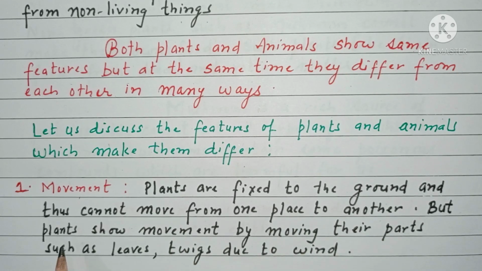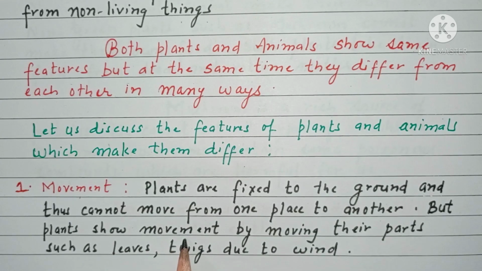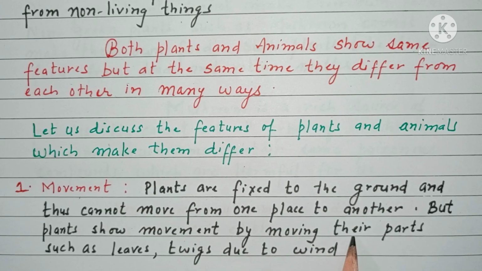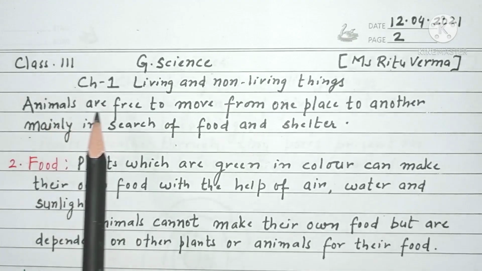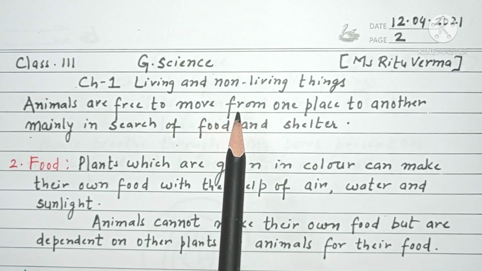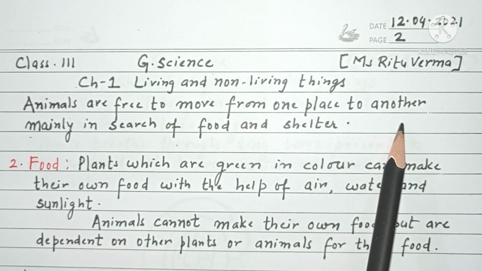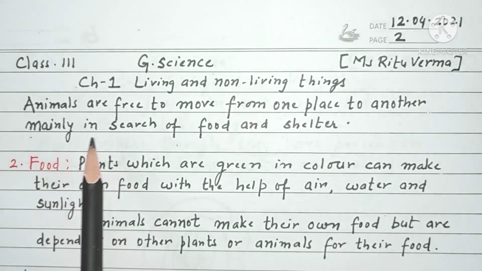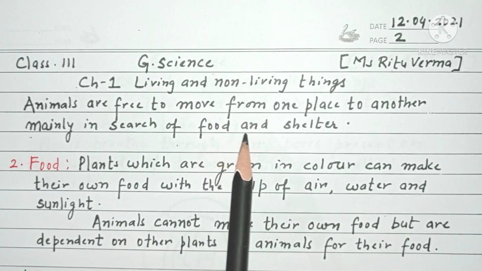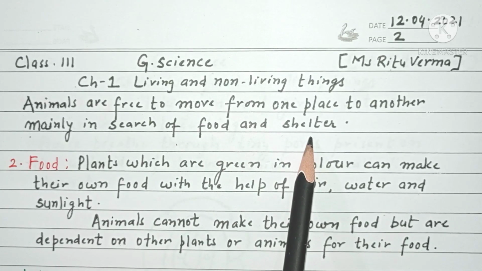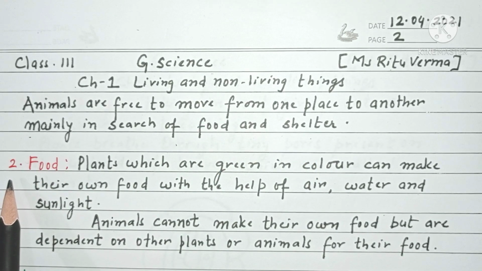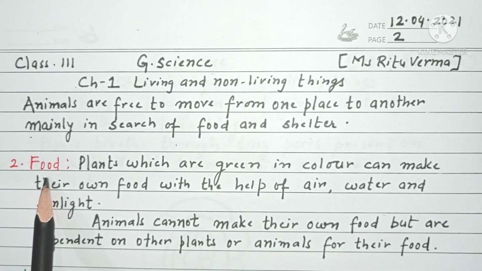But plants show movement by moving their parts such as leaves, twigs due to wind. Animals, on the other hand, are free to move from one place to another, mainly in search of food and shelter. The next criteria is the food.